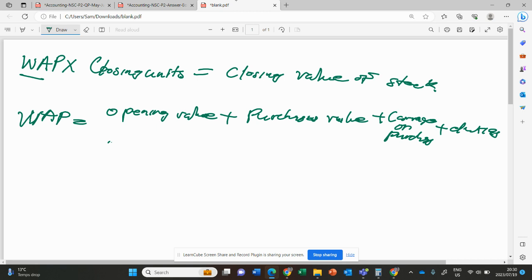Then you subtract the returns value, then subtract the value of the donated goods, then subtract the drawings, personal use.